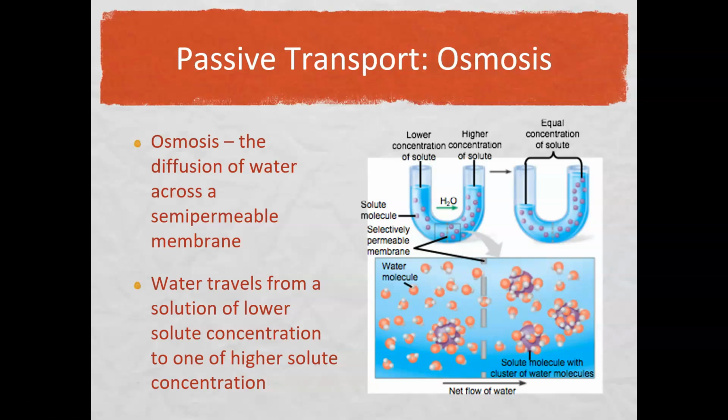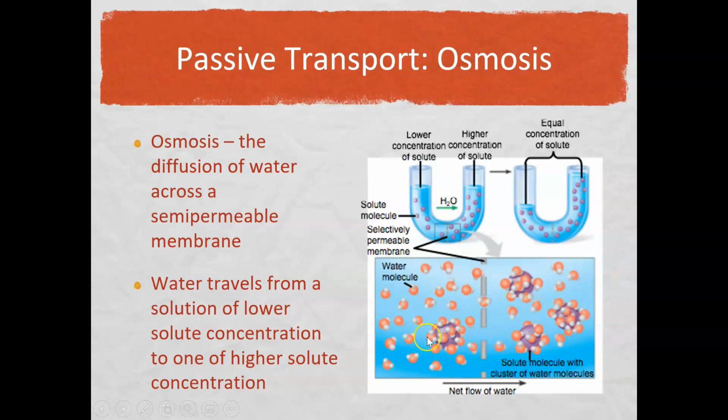So when you're looking at that, we're really moving water from where there's less solute to where there's high solute. But in order to achieve that, it's always 100% solution. So that means if there's less sugar, that means there has to be more water. Hopefully that makes sense. And the reverse would also have to be true.